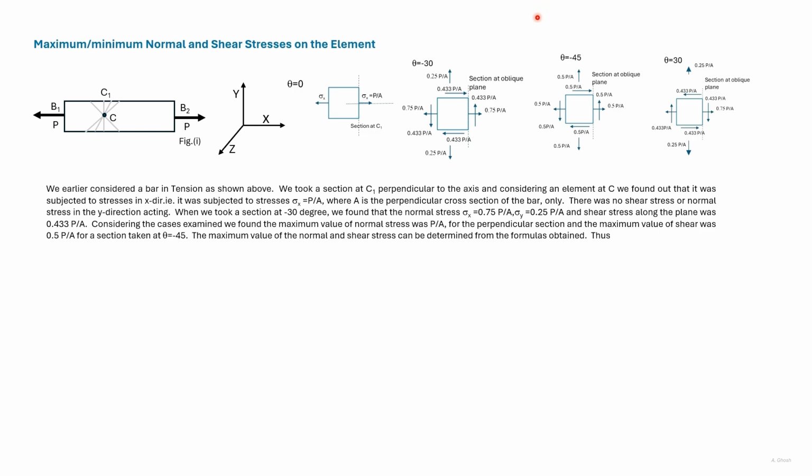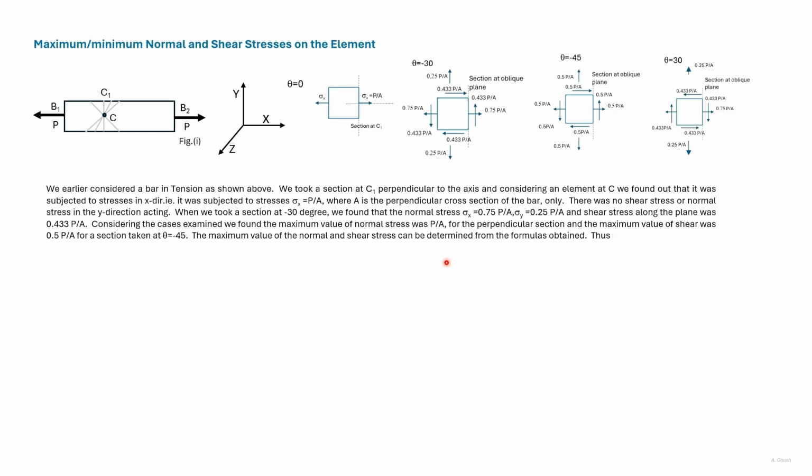When we mention theta, we can talk about the rotation of the whole element or the rotation of a face of the element. Considering the right face, we can say that the maximum and minimum principal stress occurs at theta equal to 0 and theta equal to 90.